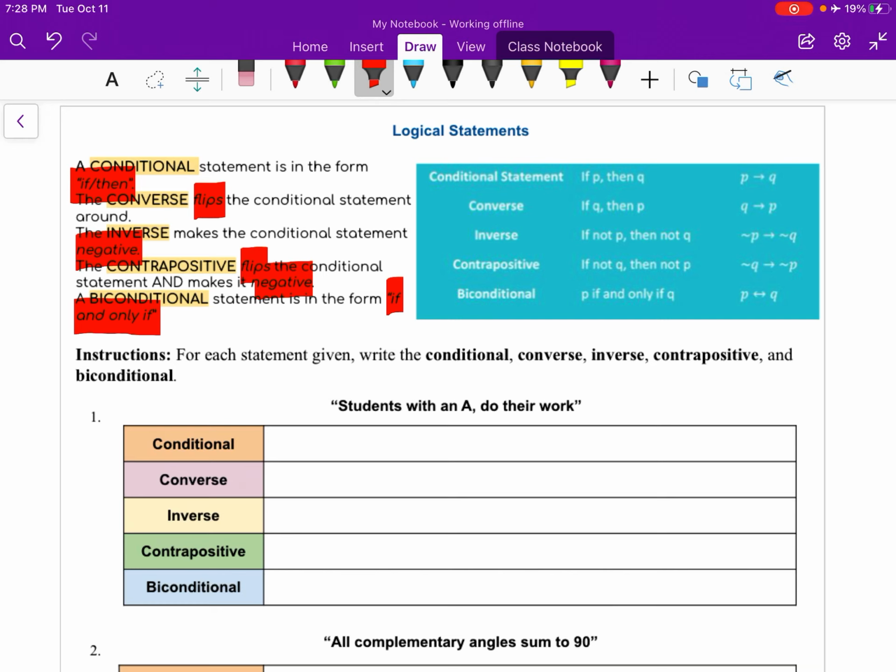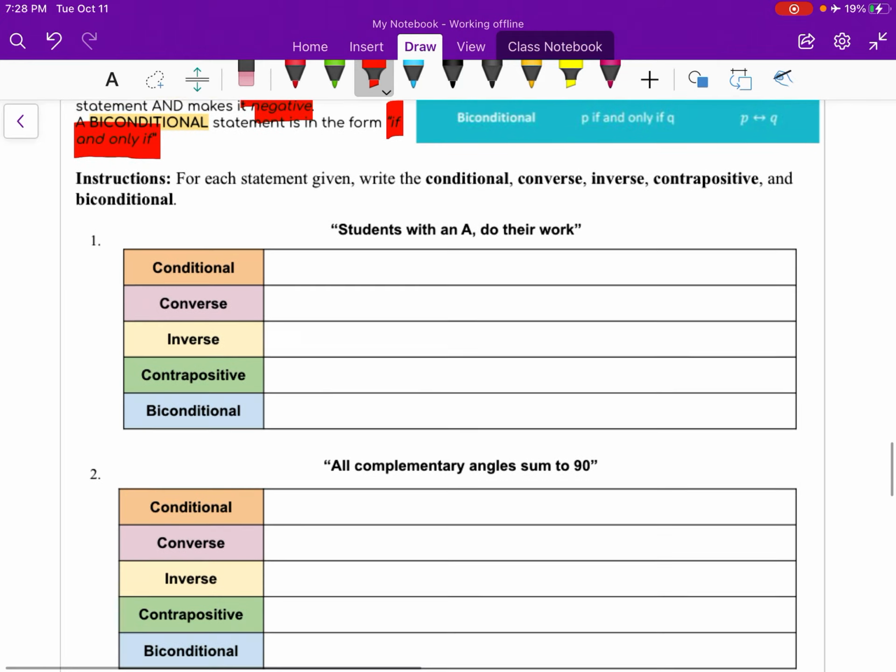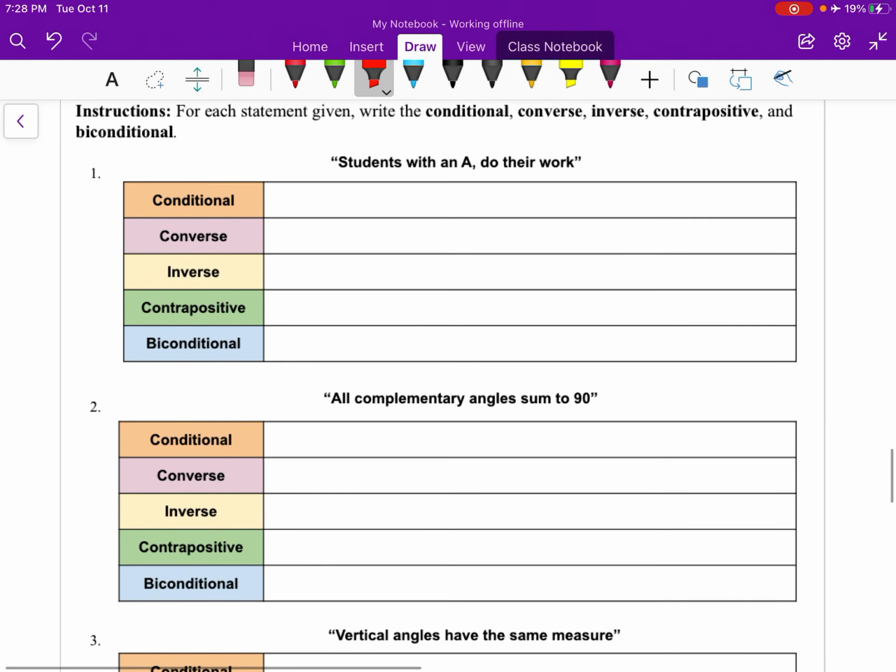So now that we have an understanding of what a conditional, converse, inverse, contrapositive, and biconditional statement is, let's do an example where we write our own. For each sentence that we're given, we're going to rewrite it as the conditional, the converse, the inverse, the contrapositive, and the biconditional.